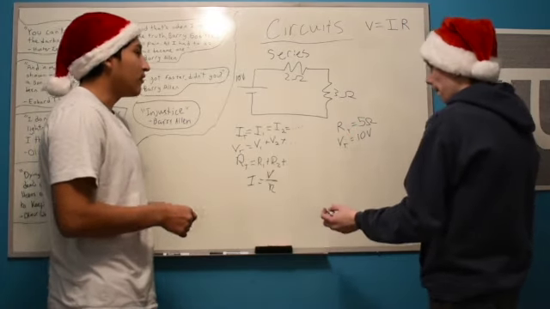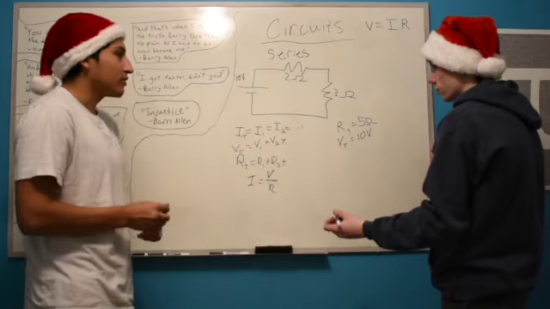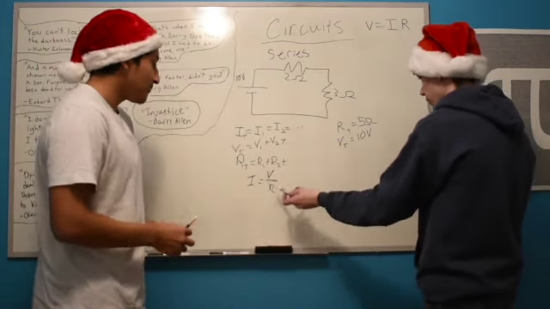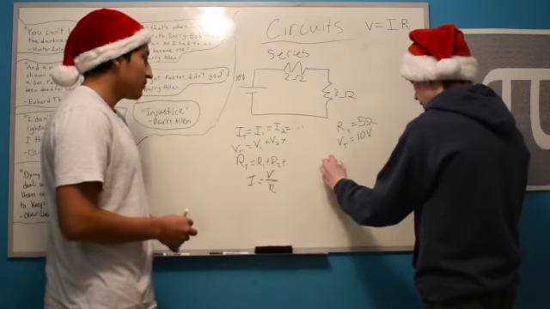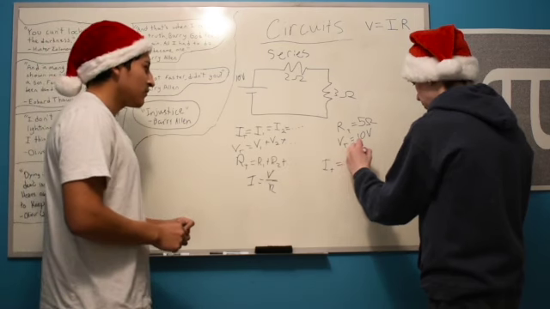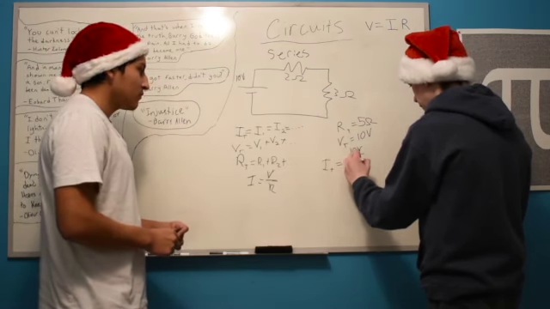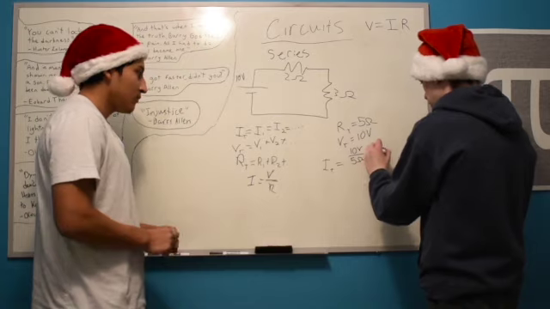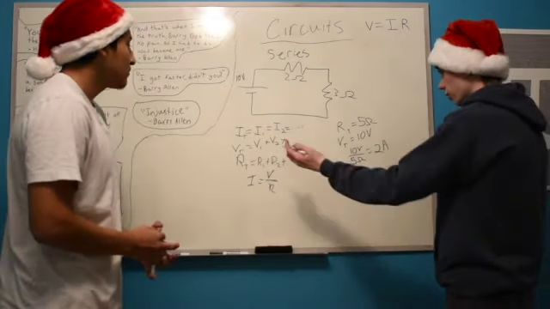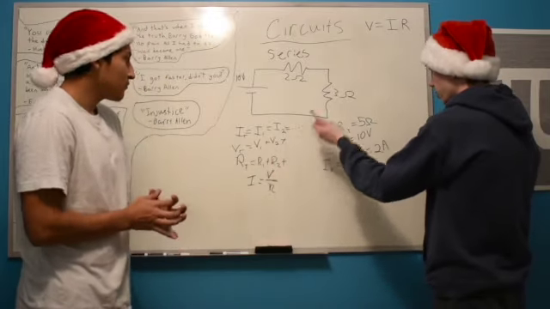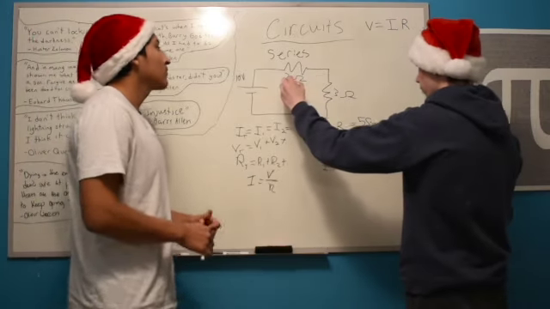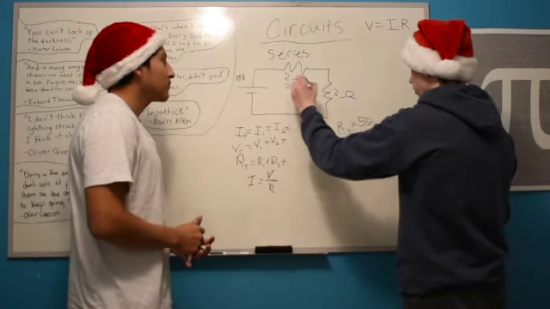In many cases, they do give the power source. Then I equals V over R, so I total is 10 volts over 5 ohms, which is 2 amps. Because the current is equal everywhere in a series circuit, each of these resistors has a current of 2 amps.